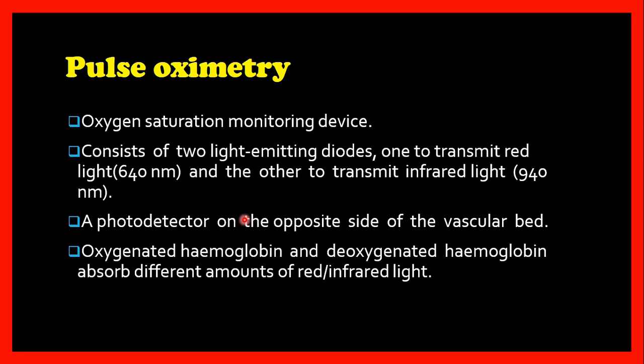The phenomenon behind this is that oxygenated and deoxygenated hemoglobin absorb different amounts of red or infrared light, and the pulsatile change in blood volume causes periodic changes in the amount of red or infrared light absorbed by the vascular bed before photodetection. The pulsatile change in absorption is used to determine the oxygen saturation.